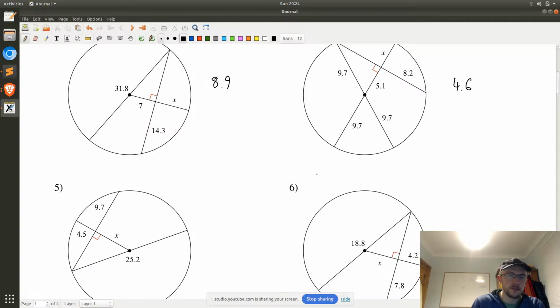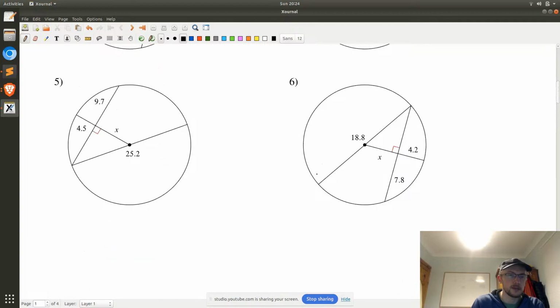Okay, these are valid. Okay, next. The diameter is 25.2. So the radius is half that, which is 12.6. And then we subtract 4.5 from 12.6 to get 8.1.